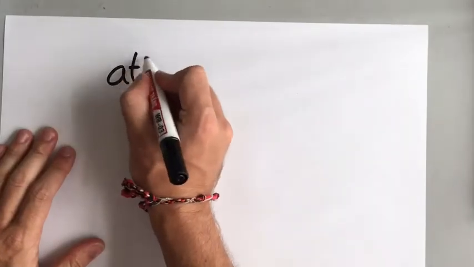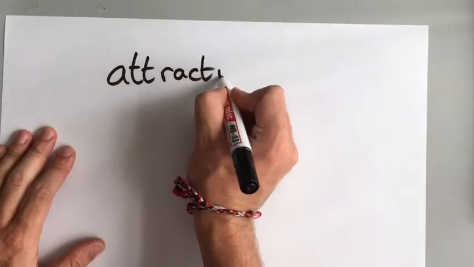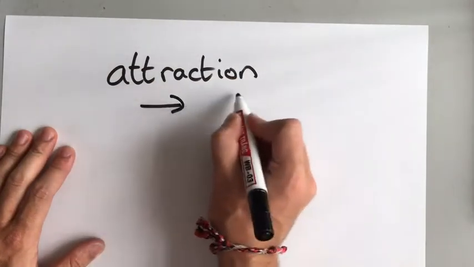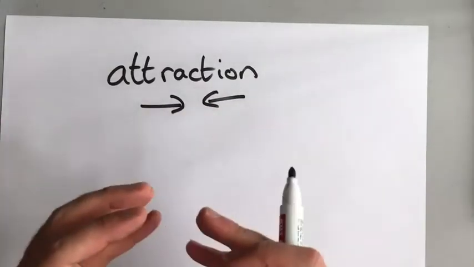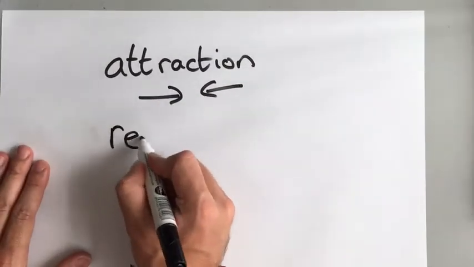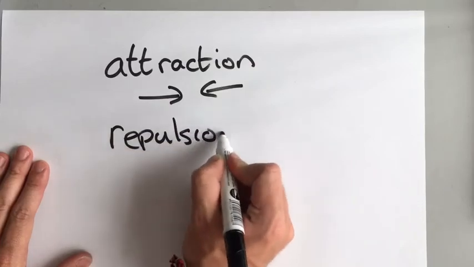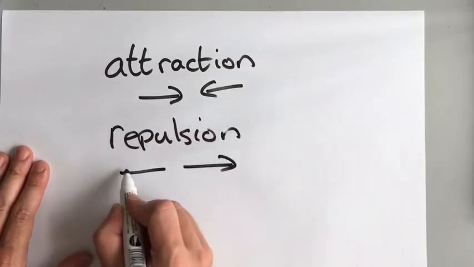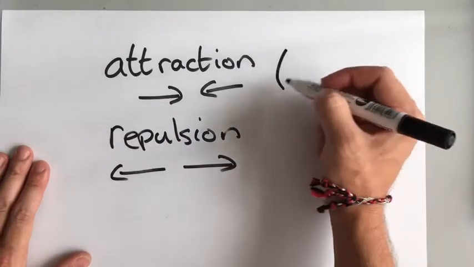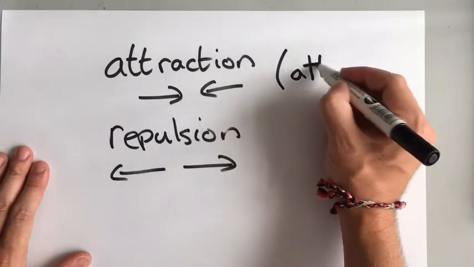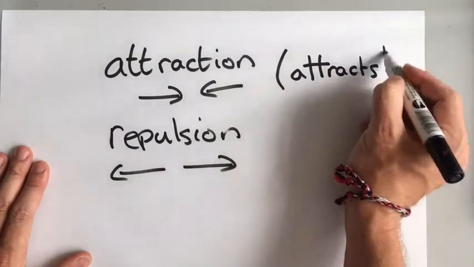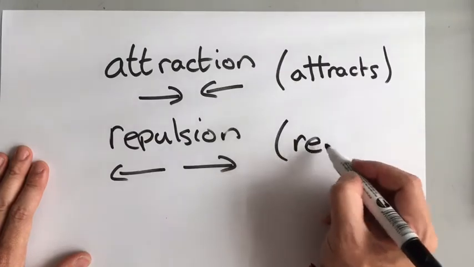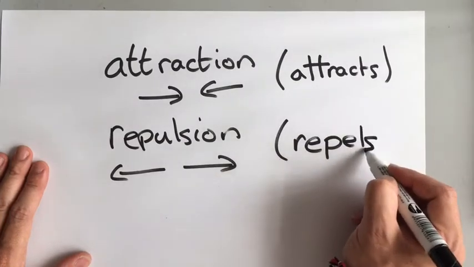We've got attraction, which is when things want to be together, and we've got repulsion, which is when things try to be apart. So here we say one magnet attracts the other, and here we say one magnet repels the other.